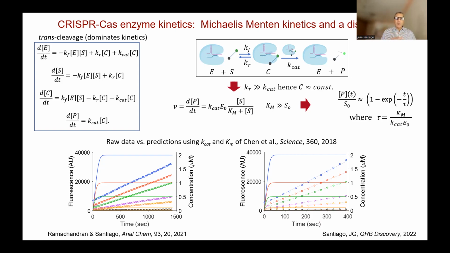We wanted to check our work, so we started taking the kinetic rate parameters published by other authors. We would insert them into our model, and we would use that to try to predict their raw data, or at least the trends in their raw curves. And what we saw were gross discrepancies with the raw data that was published.